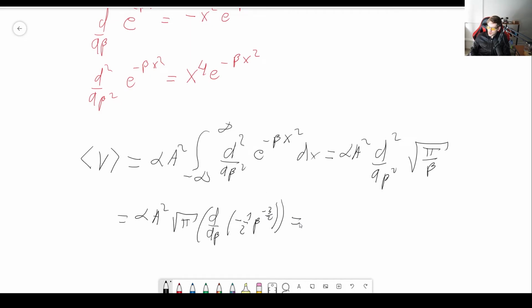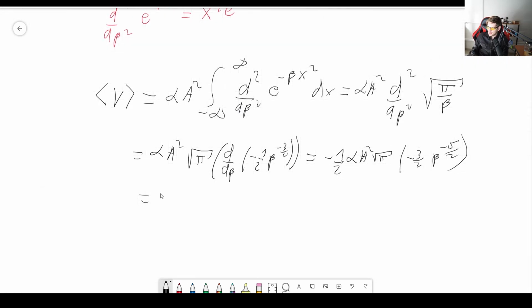And now we want to derive again, so let's pull the minus 1/2 out, alpha a squared square root of pi, and then we get minus 3/2 beta to the minus 5/2. So we get 3/4, then alpha a squared square root of pi, and beta to the minus 5/2.